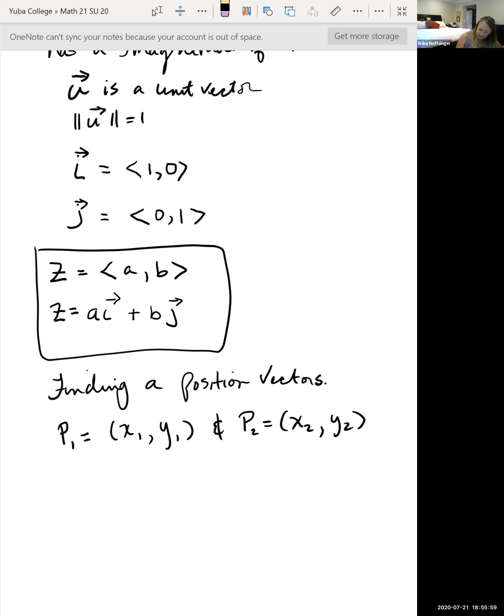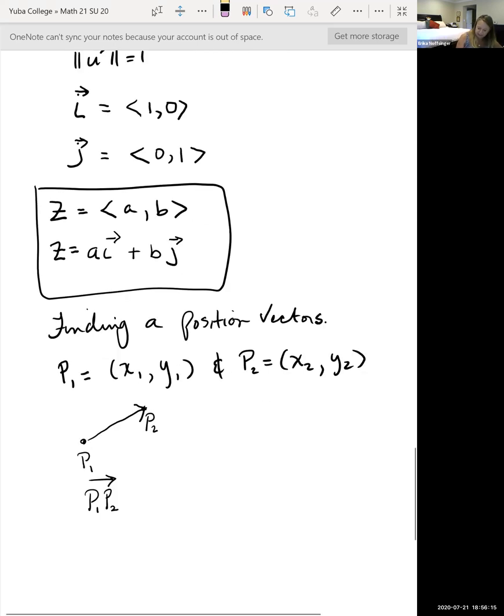And we want to look at the vector between P sub 1 and P sub 2. Let's say that this is equal to vector v.